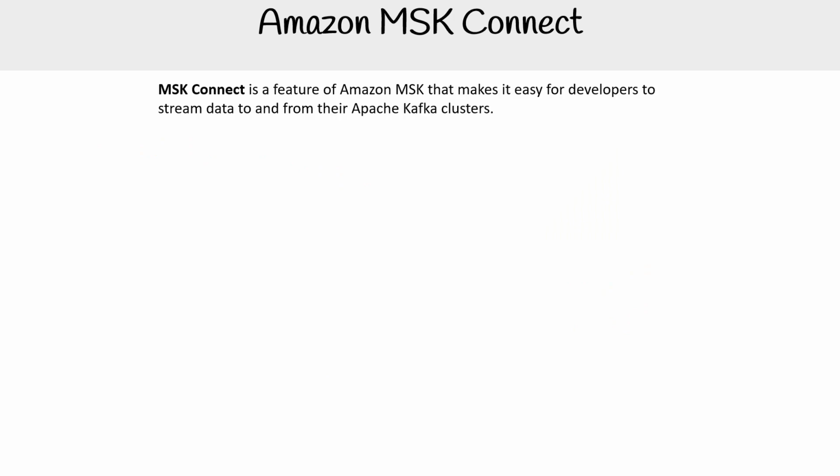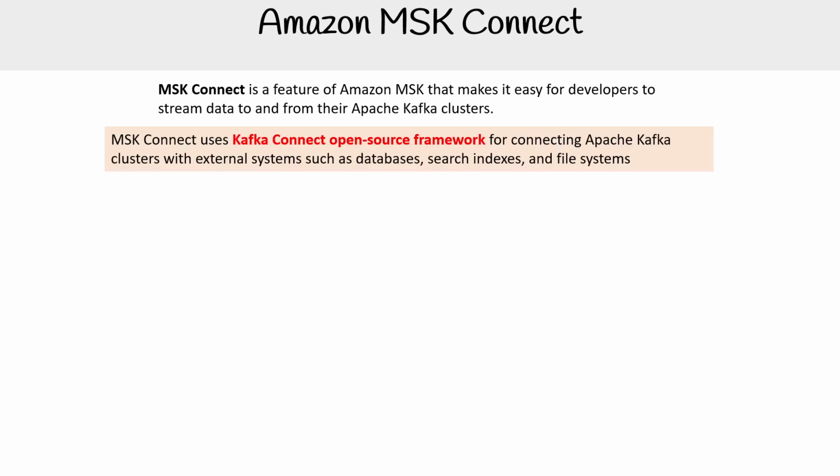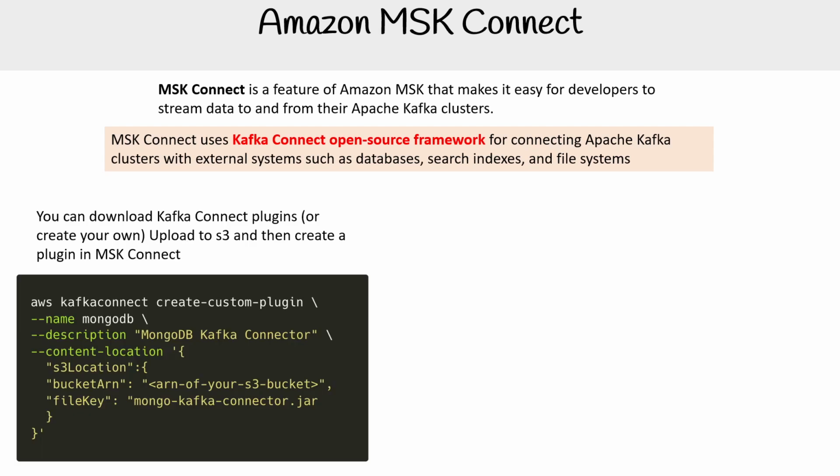There's also this thing called MSK Connect. This is a feature of MSK which makes it easier for you to bring data in from other sources. Basically, this is using the Kafka Connect open source framework. The idea is that there are third-party providers, or even AWS, where they've created these jar files following this framework.